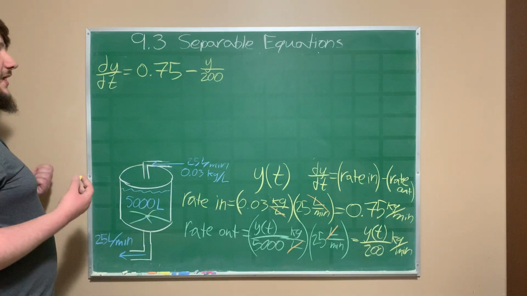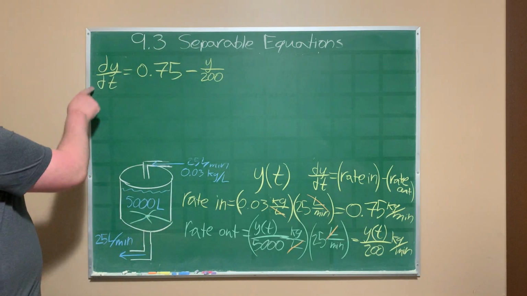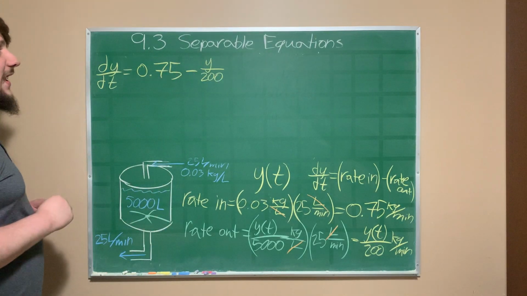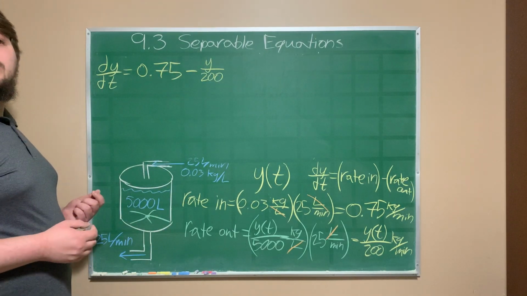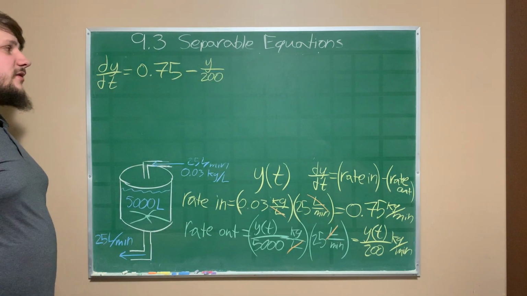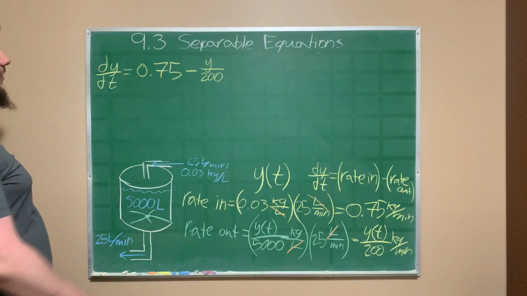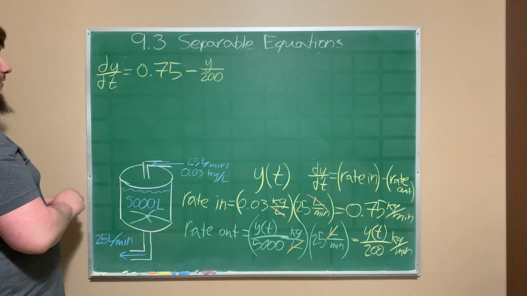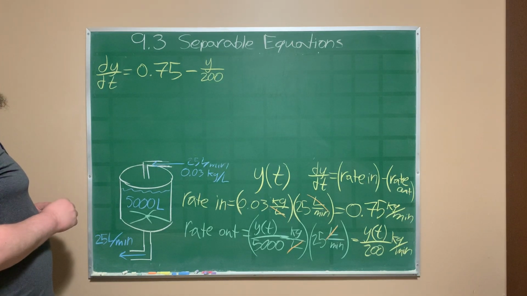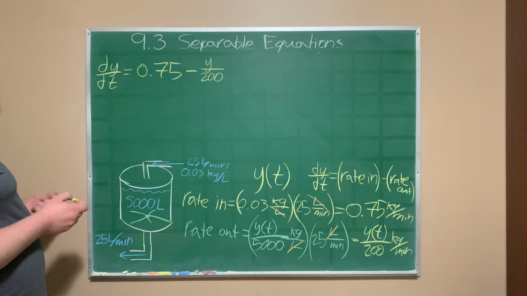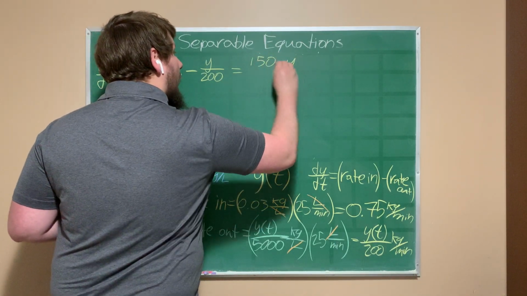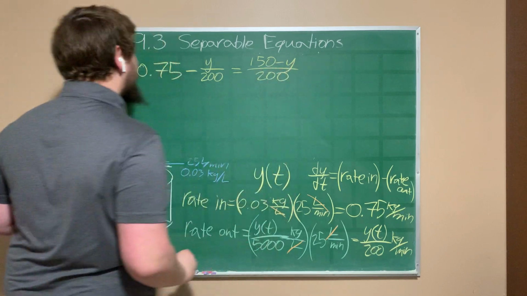My goal is to try to solve this. So I've got dy/dt over here, and then I've got a function that only involves the variable y on the right-hand side. What I'd like to do is move all the y variables to be with the dy, and move the dt to the other side so that I can integrate. First, I'm going to combine these into a single fraction here. 0.75 is the same thing as 3 over 4, or 150 over 200. So we're going to get (150 minus y) over 200 here.